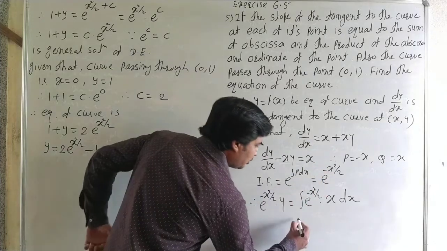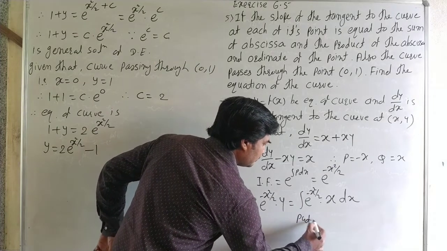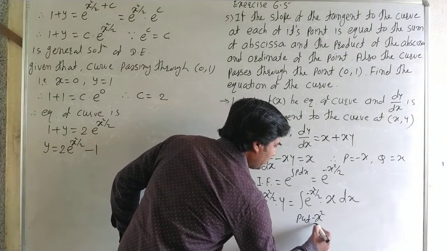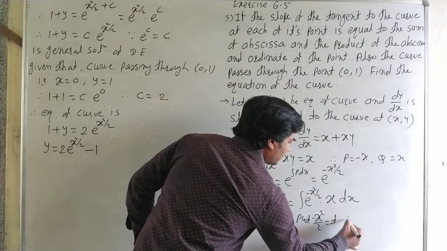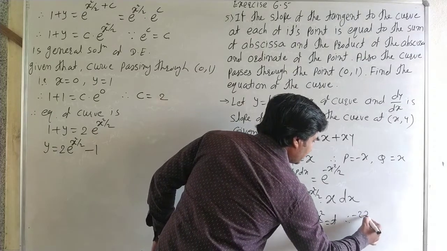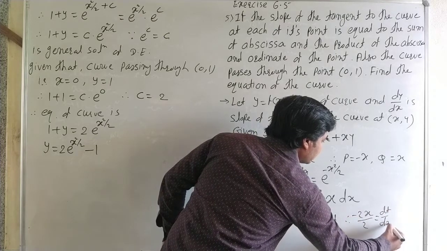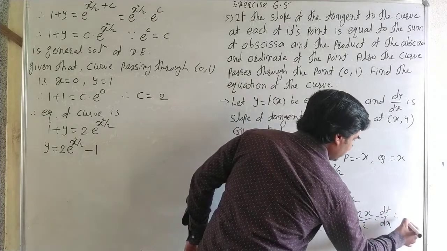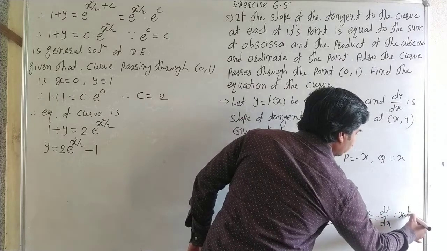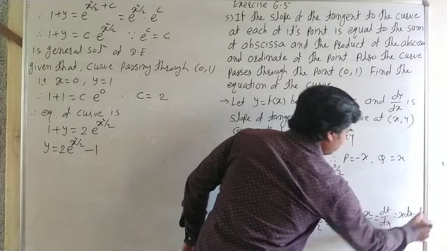For the integration, here put minus x square by 2 is equal to t, then the derivative, minus 2x upon 2 is equal to dt by dx, and therefore we can write x dx is equal to minus dt.